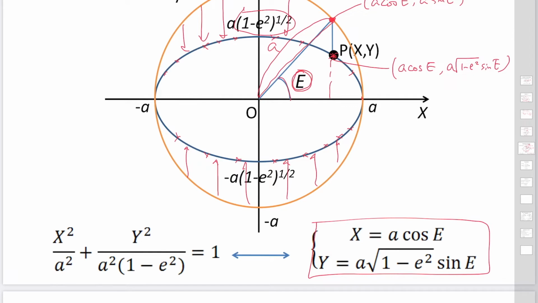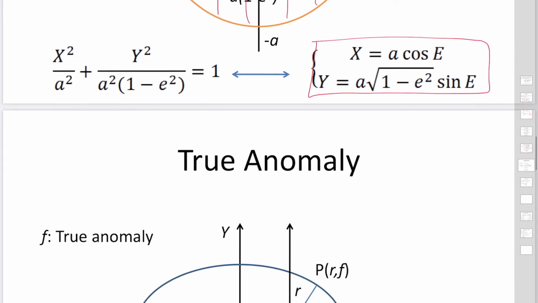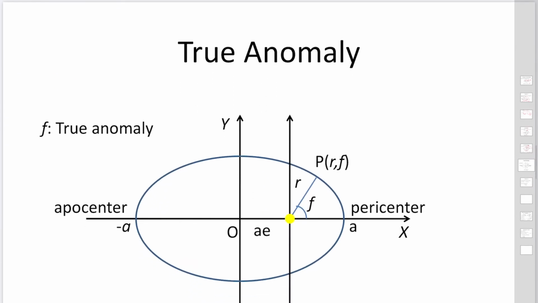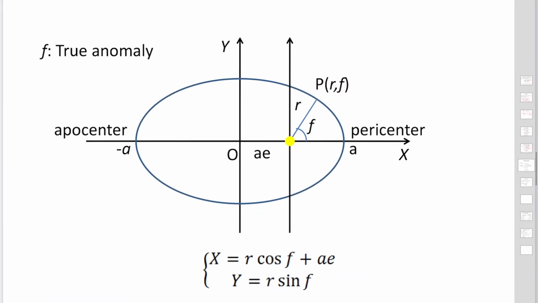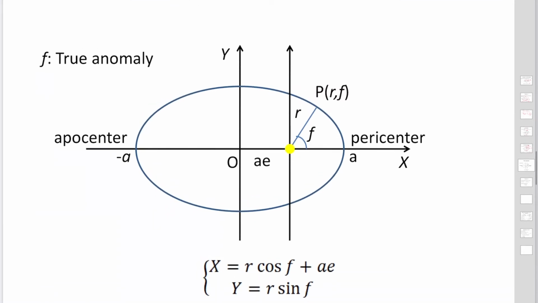Okay, so now we'd like to introduce another angle, which we call the true anomaly. This might be much easier to understand. To define the true anomaly, we consider the origin. Actually, the sun is located at the origin here.